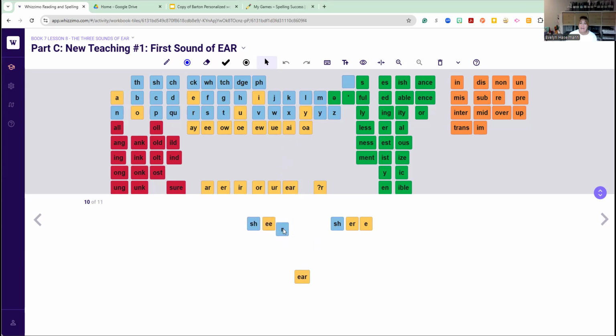And that means thin. Then I asked them, what would this word say right here? And they said, oh, well, that would say shear too. Even though that's not a word, you can see that we have 3 ways to spell shear right now. E-A-R, E-R-E, and E-E-R. Okay?